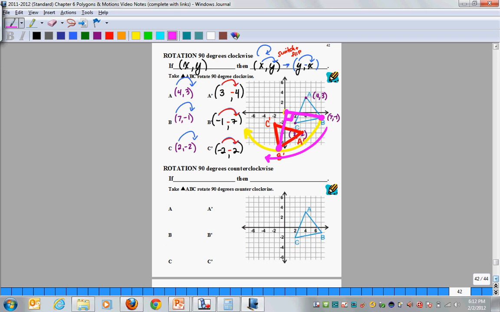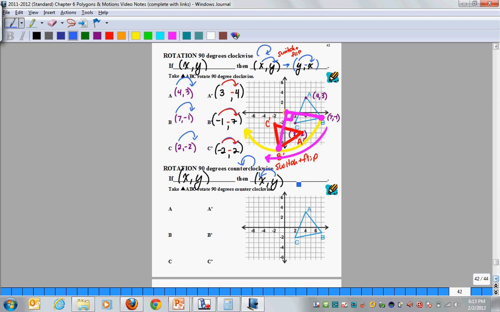Counterclockwise is almost exactly the same thing, but you're changing what you flip. So let's start here. If you start with X and Y, to rotate, it's still switch and flip for 90 degrees. So we take the X and the Y, but now if we do counterclockwise, counterclockwise goes around this way, to the left.